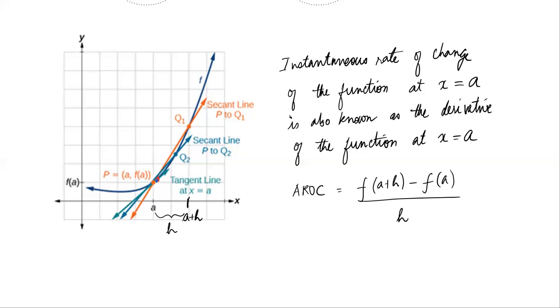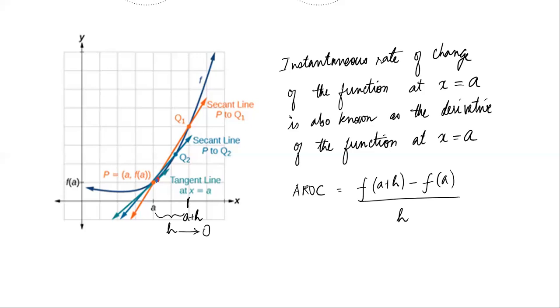If I'm allowing Q to approach P and get closer and closer to P, I'm interested in making this h very, very small, because you want this a plus h to move closer and closer to A. In other words, you are allowing h to get closer and closer to 0. This is an idea when you allow something to approach a value. That's the concept of limit.